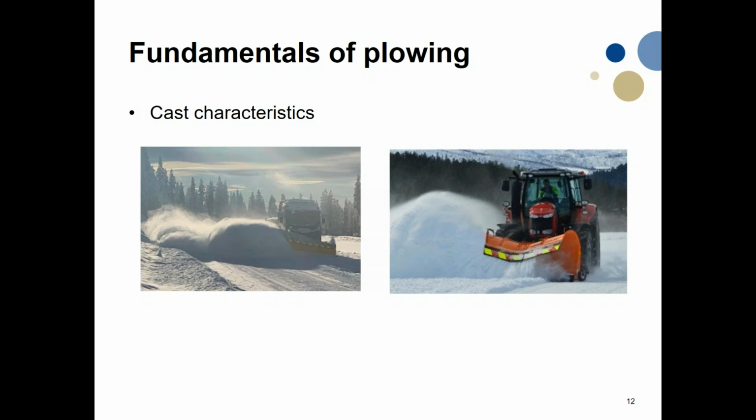But in an urban area, you typically don't want to cast so far, because often there is private area, maybe a sidewalk, or something else there, or parked cars. So then you need a plow which is much less aggressive when it comes to the cast. And all these things are speed dependent. The faster you drive, the further you throw your snow.